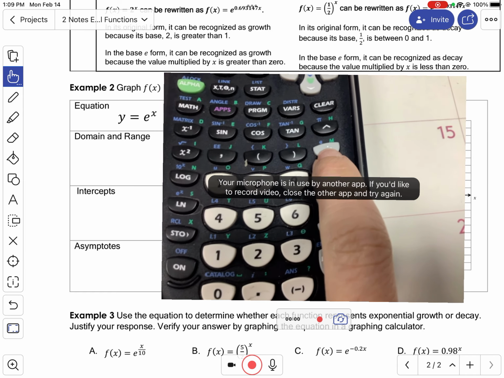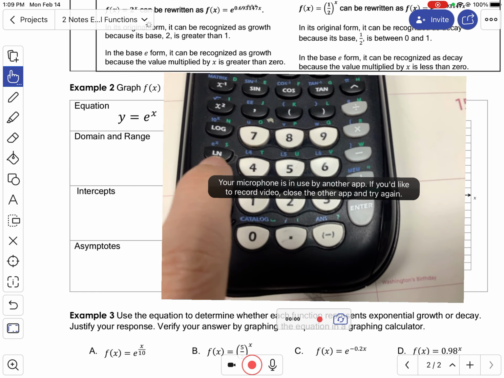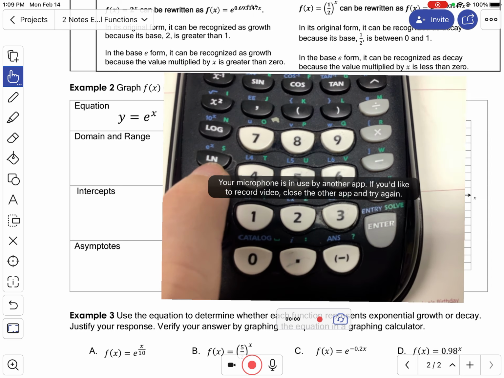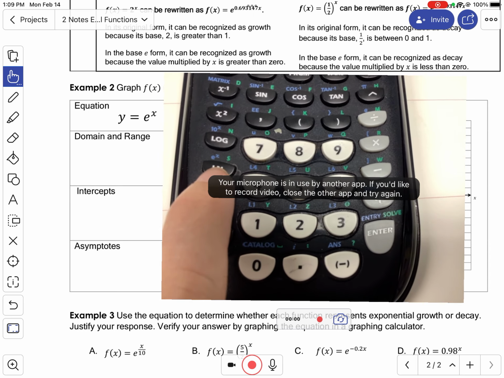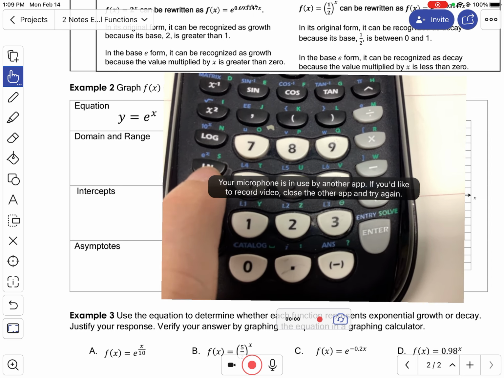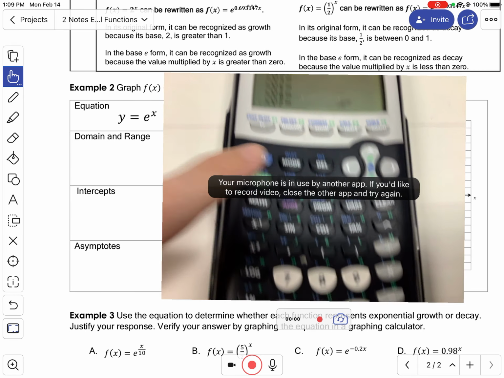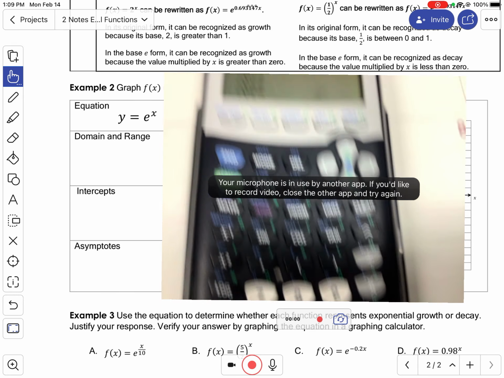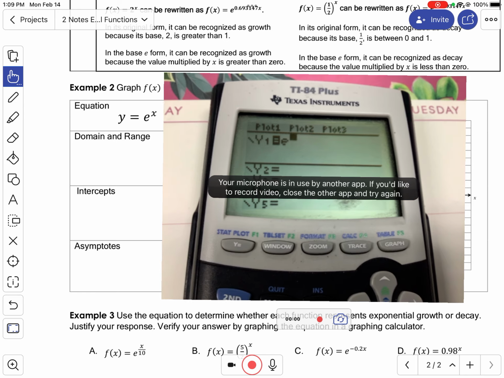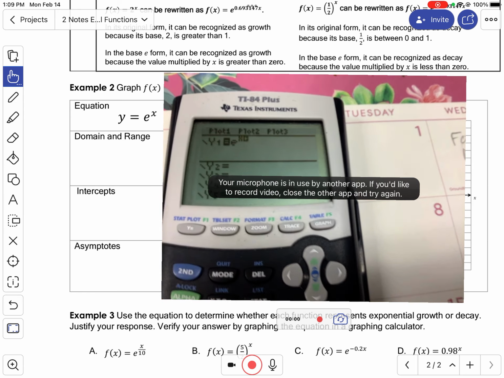There's one above the division, and then there's also one above the ln. So you can use either, but since I'm having to raise it to a power, I'm going to use this one here. So I have to hit second and then ln. So I have E, and then I'm raising that to the x power.